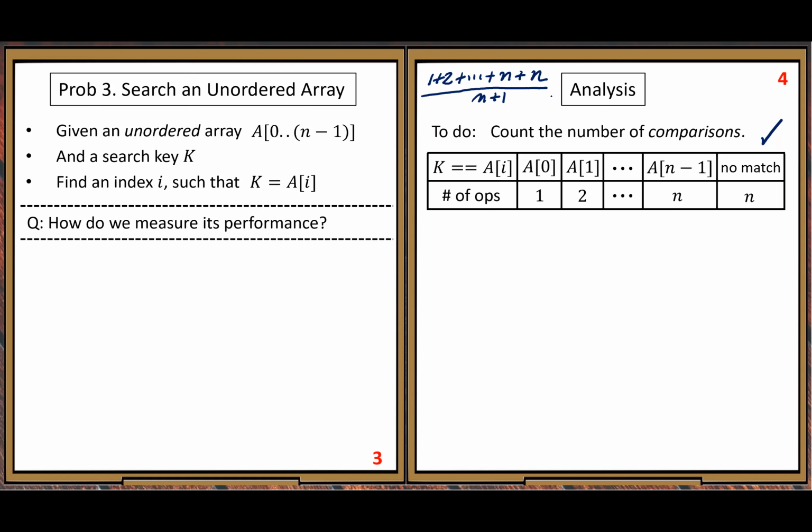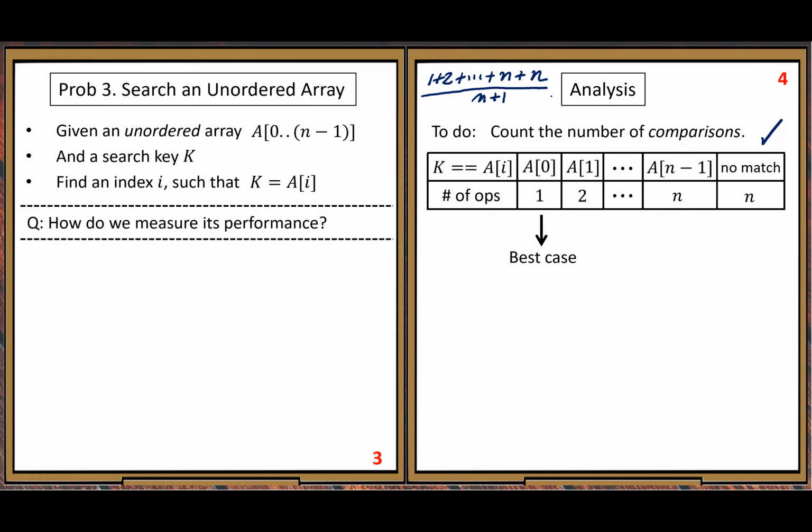People can use statistics in history data to estimate that probability. But you need to find it first. Before you calculate the average number of comparisons, you need to find that probability number.